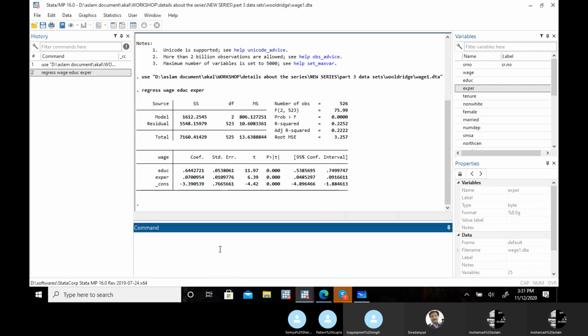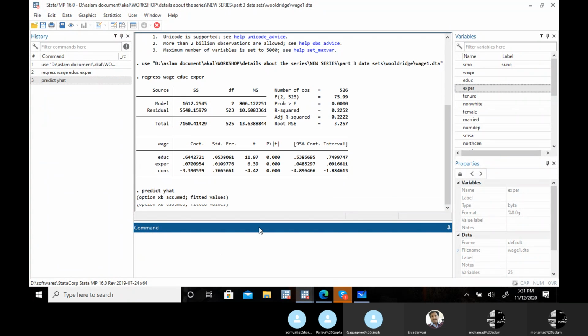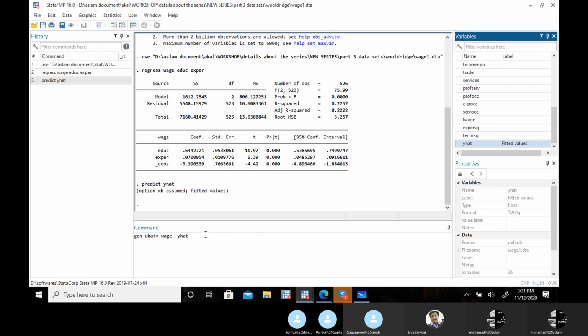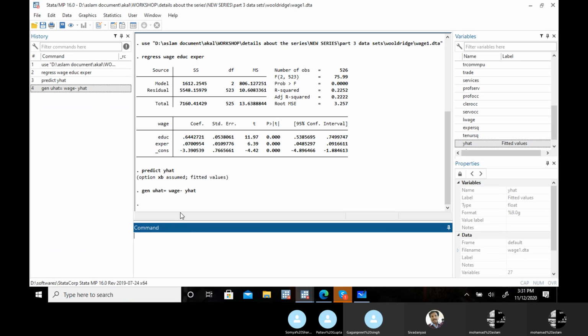You just predict y hat first, and for u hat, you generate u hat. What is your actual dependent variable here? That is wage. So wage minus y hat, where y hat is the estimated value, is your u hat value.